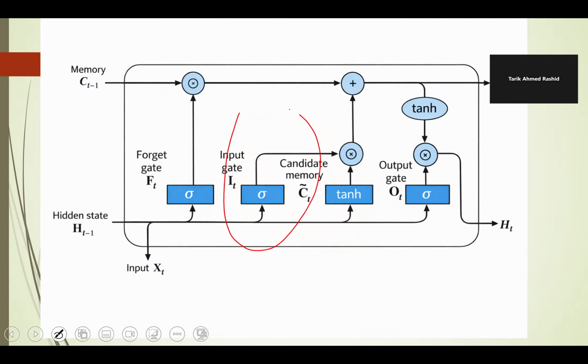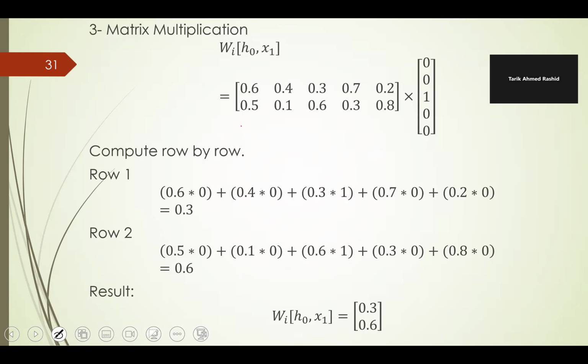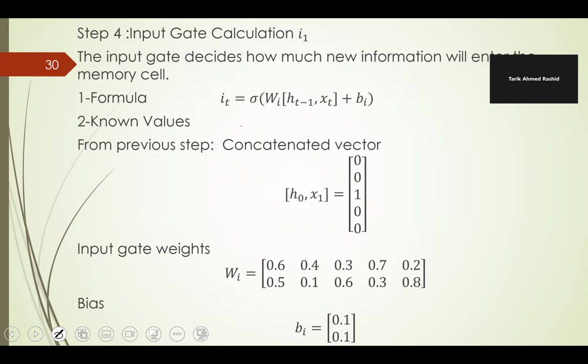Now, let's come to this one. We are doing the input gate now. So here, the input gate, again, that's the formula for the input. The only difference is the weight matrix here, and the bias related to the weight matrix. So here, same input, which is the concatenation of the previous hidden plus the input, multiplied by the weight matrix plus the bias.